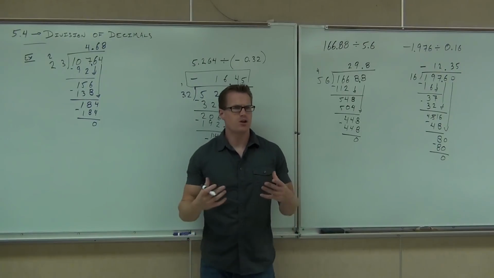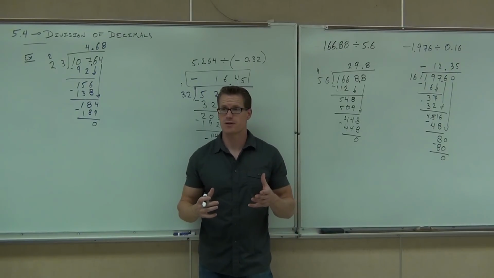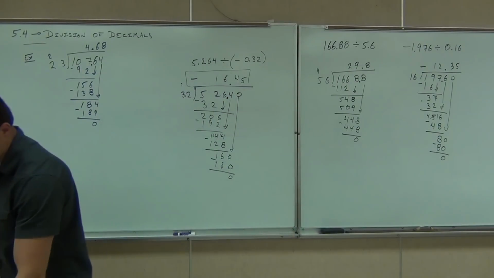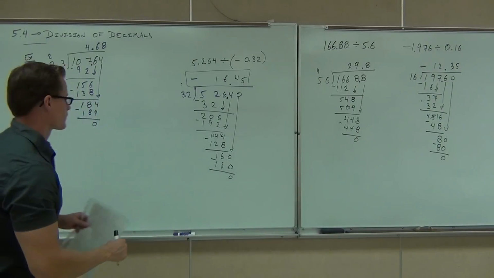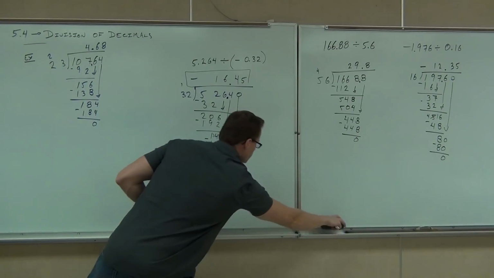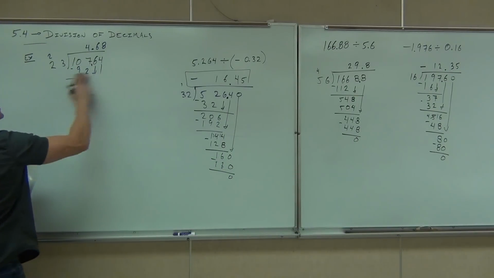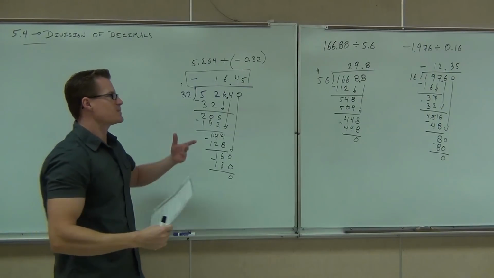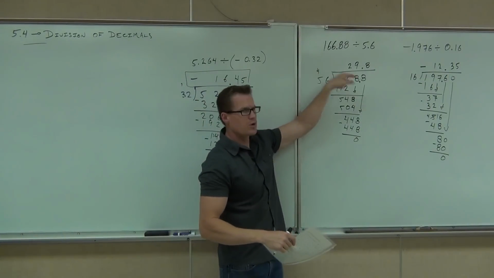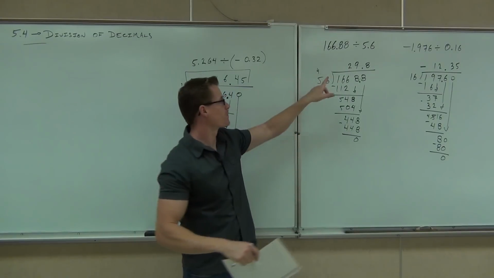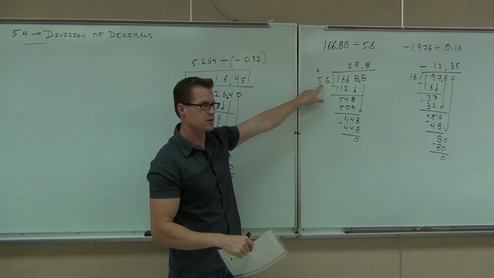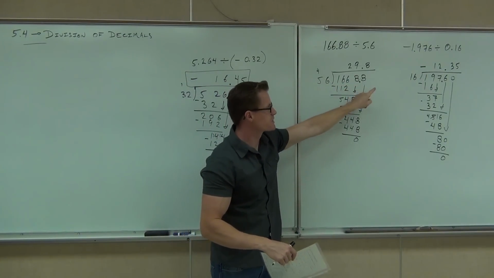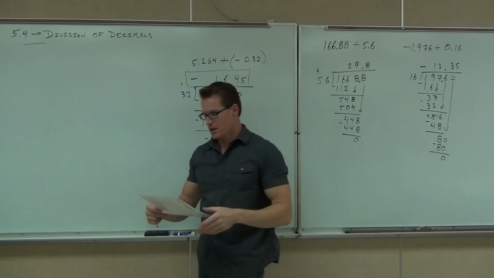Folks, do you have a good feeling about how to do these division problems? Yes or no? Yes. All right, that's awesome. Very, very good. So right now we know that if we're dividing decimals, a couple key things happen. First thing, we have to be dividing by a whole number. So we're moving decimal places over to make the number we're dividing by into a whole number, and that subsequently moves each of these decimal places the same amount over.